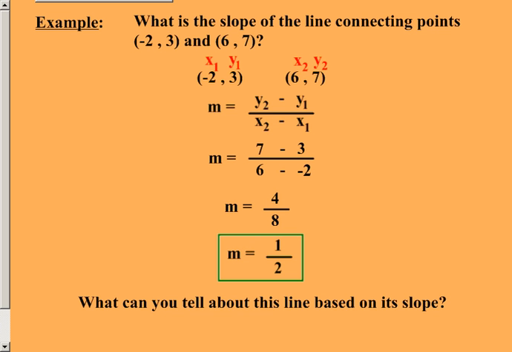Well, the first thing we should recognize is that the slope value we are looking at there is positive. What does it mean to have a positive slope value? That means the line is rising as we move up, or as we read from left to right. So the graph is moving upward. Secondly, 1/2 is a value that is smaller than 1.